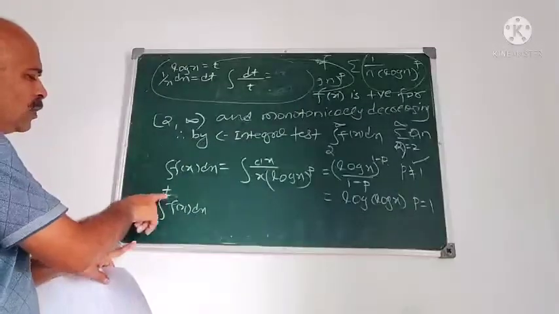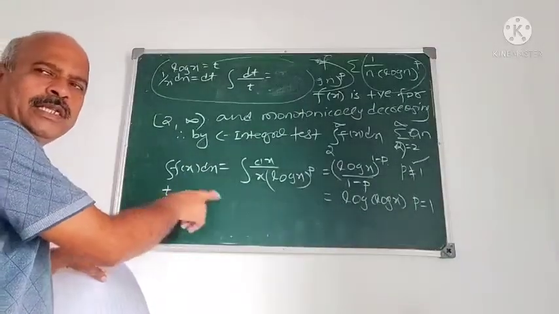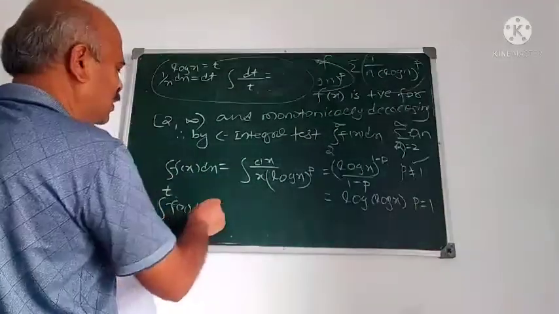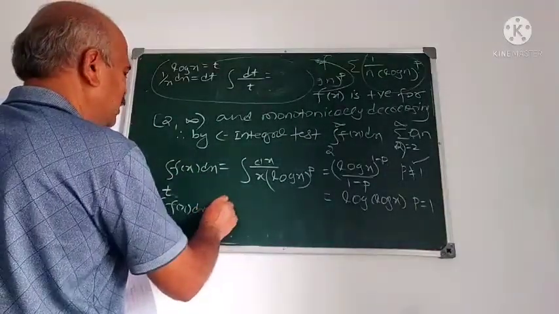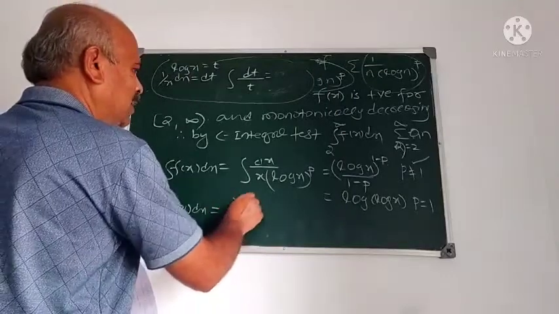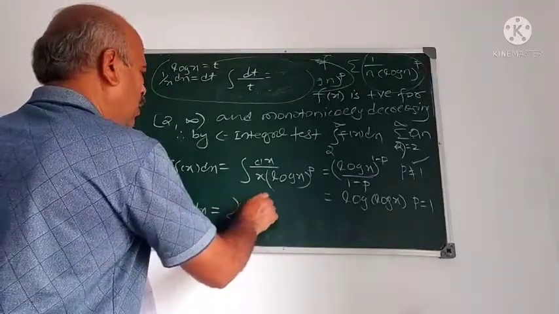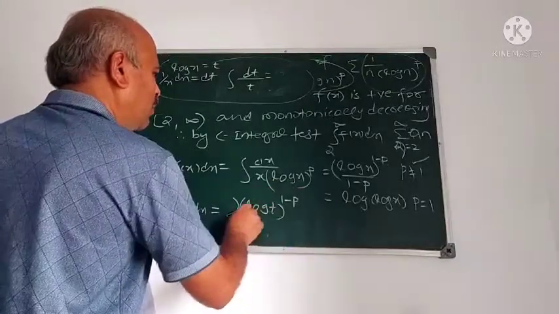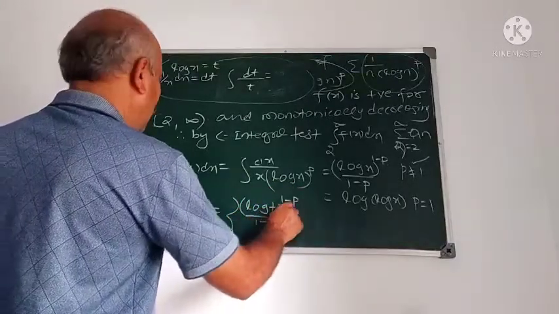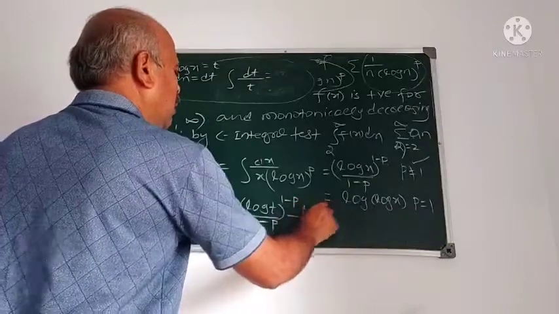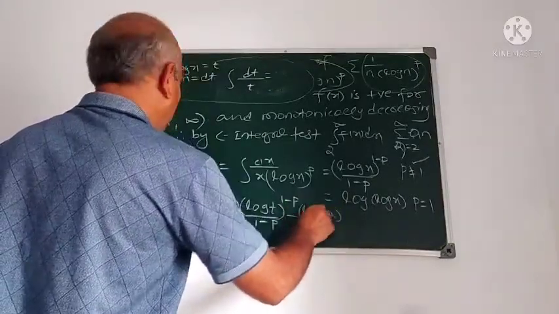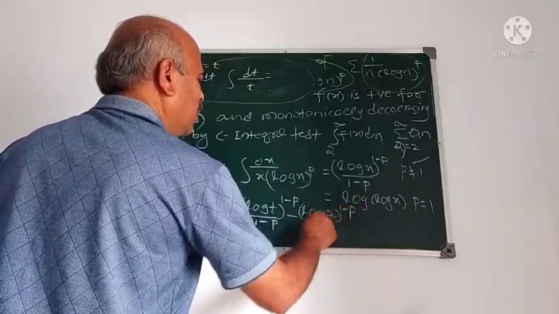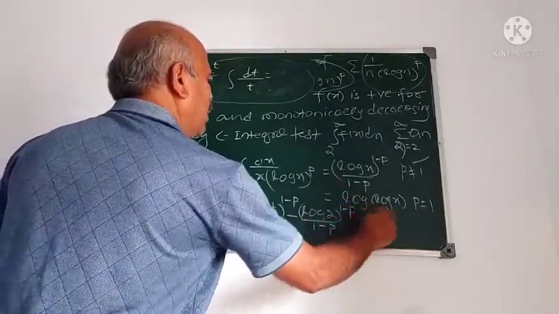If the limit of the integral from 2 to t of f(x) dx, as t tends to infinity, exists. So what is the integral from 2 to t of f(x) dx? It is (log t)^(1-p) upon (1-p) minus (log 2)^(1-p) upon (1-p) if p is not equal to 1.